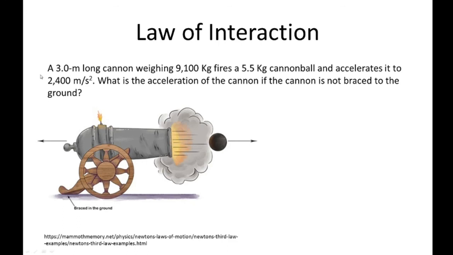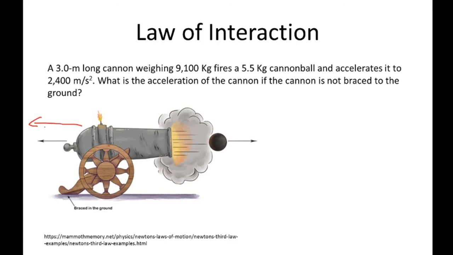So we have here a 3-meter long cannon weighing 9,100 kilograms that fires a 5.5 kilogram cannonball and accelerates it to 2,400 meters per second squared. What is the acceleration of the cannon if the cannon is not braced to the ground? Usually a cannon is braced to the ground to prevent it from moving in the opposite direction as the cannonball is fired, because that is always the reaction force.